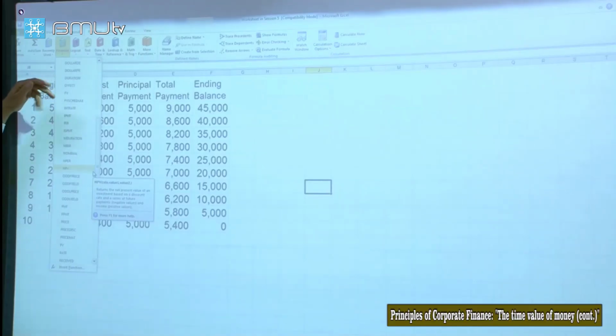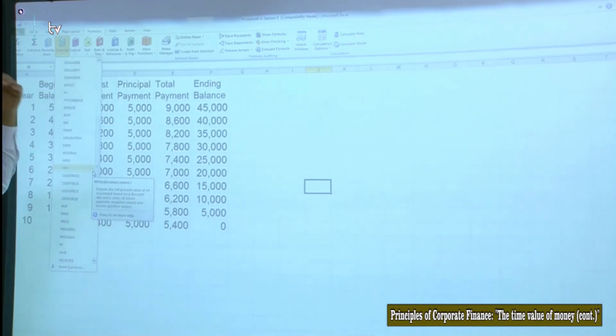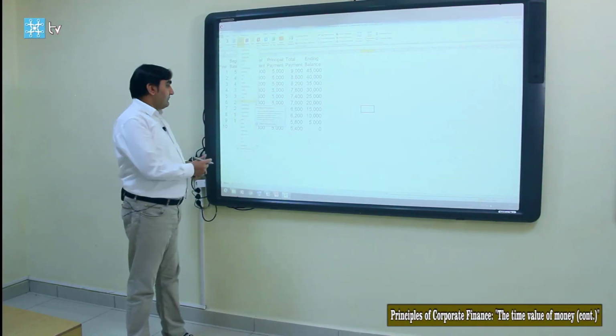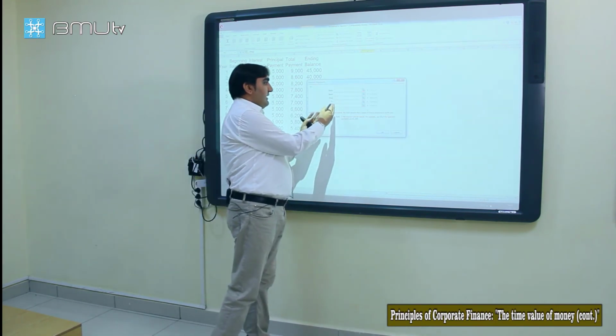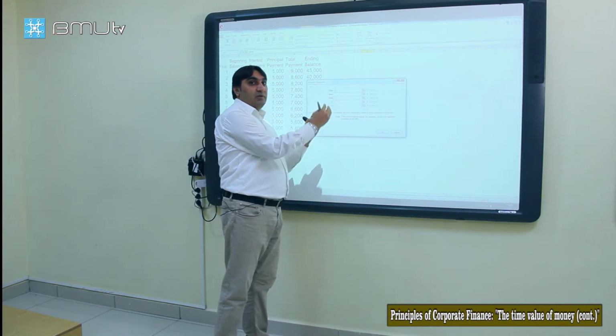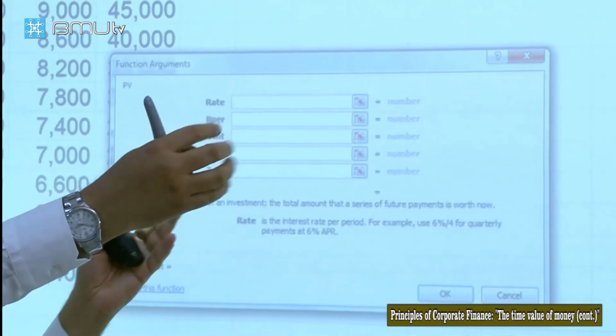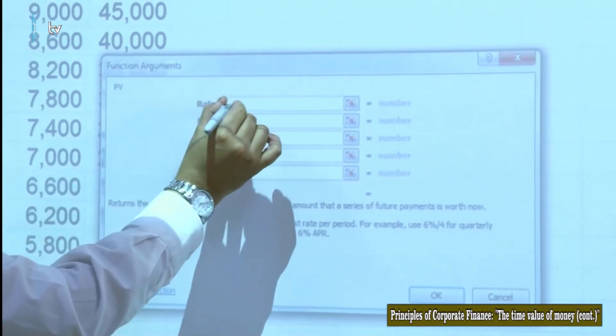With the FV formula, we can find the future value of a single cash flow or annuity. With the PV formula, the present value formula, we may find the present value of a single cash flow or annuity. We have the rate here.